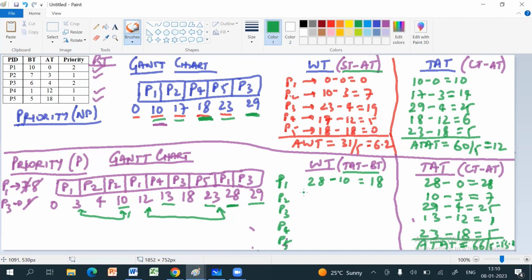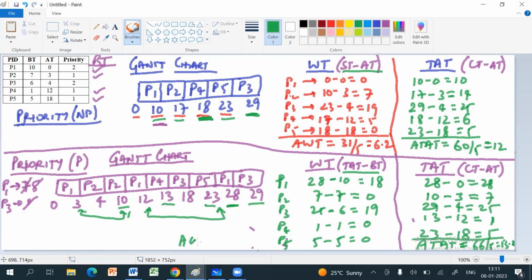Okay. Now P2. P2 is 7 minus the burst time 7, that is 0. P3 is 25 minus the burst time 6, which is equal to 19. P4 is 1 minus the burst time 1, that is equal to 0. And P5 is 5 minus the burst time 5, which is equal to 0.